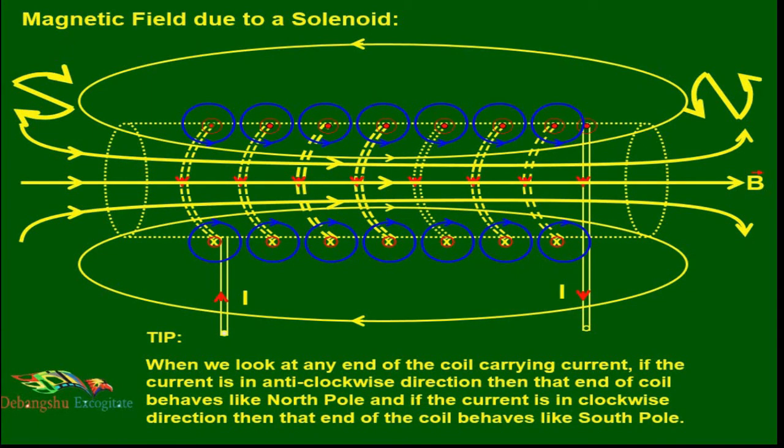When we look at the end of the coil carrying current, if the current is in the anti-clockwise direction, the end of the coil behaves like a north pole, and if the current is in the clockwise direction, then that end of the coil behaves as the south pole.